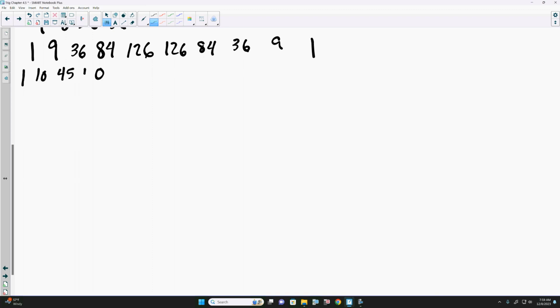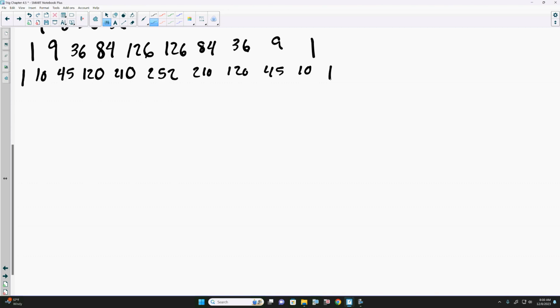Zero. And I'm going to stop there because we have 2 more rows, but these are the coefficients of the numbers in front of it.